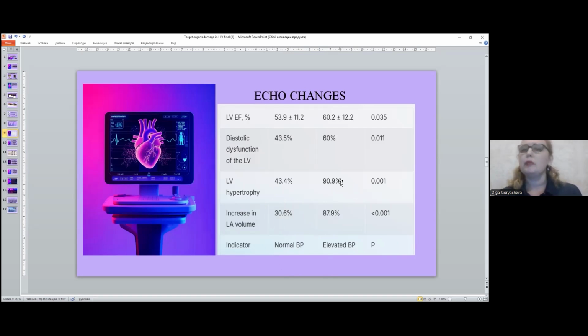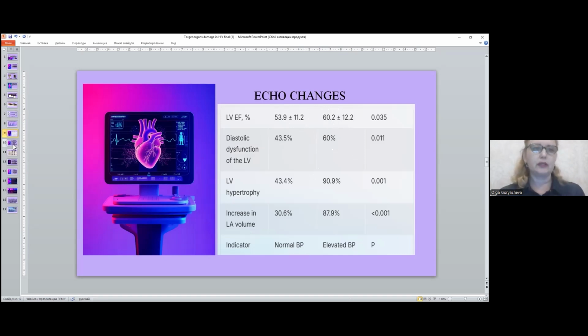Left ventricle hypertrophy is met more often in patients with arterial hypertension, but it is regarding the disease. Of course, we understand that it is not a secret. Diastolic dysfunction of the left ventricle is met more often in patients with arterial hypertension than without. Left ventricle ejection fraction was somewhat higher in patients with arterial hypertension, but it is due to the disease specificity.